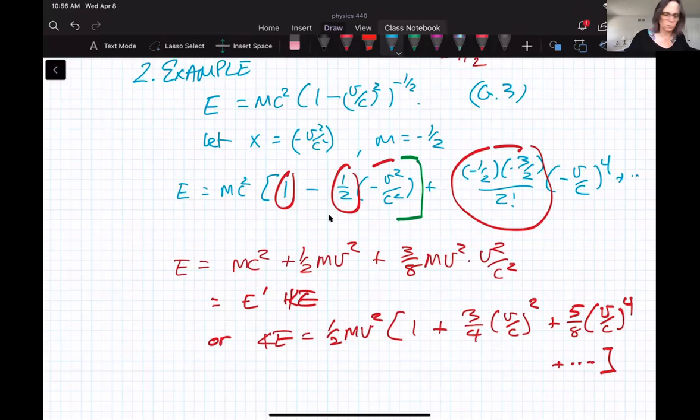So in the homework, hang on a second. Here we go. It's number 1.3.11.